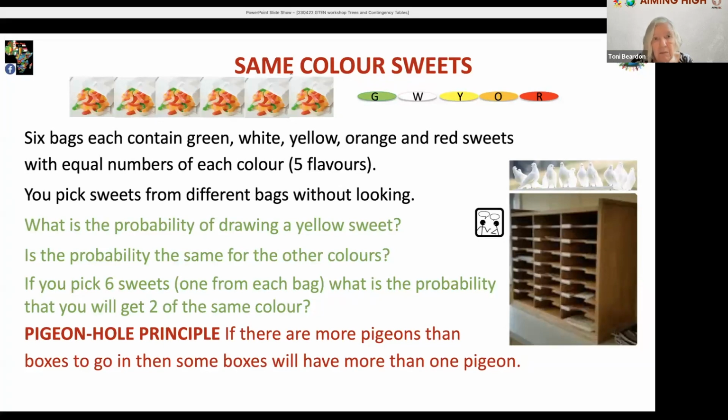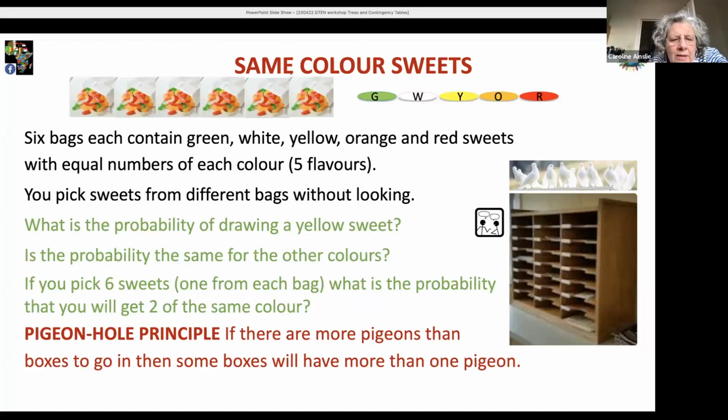There's a big hint, a picture, in red writing there. Another hint is just think of the probability space generated by this event, that is 5 colors of sweet. If you can create that, you'll find it much easier to solve the problem.